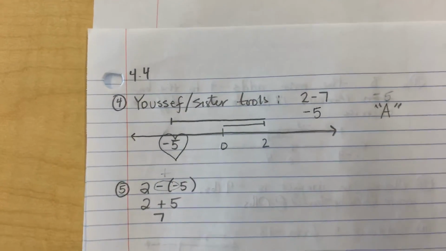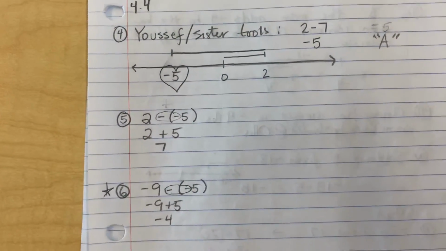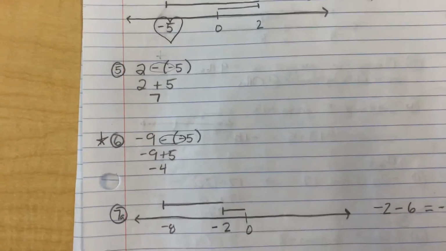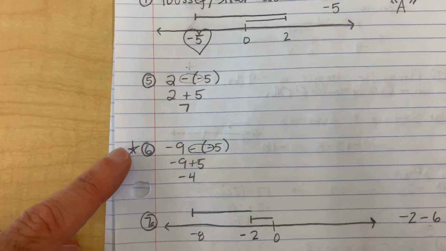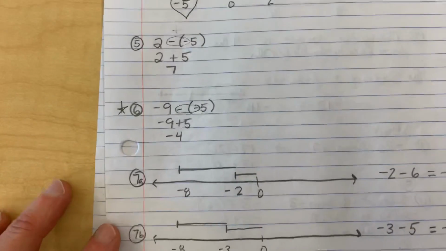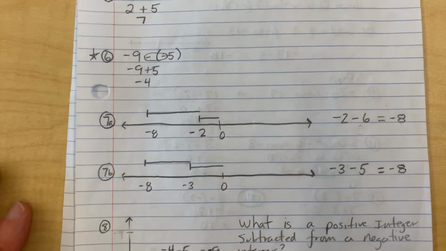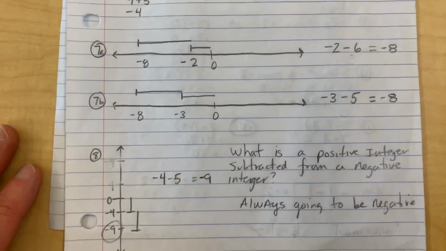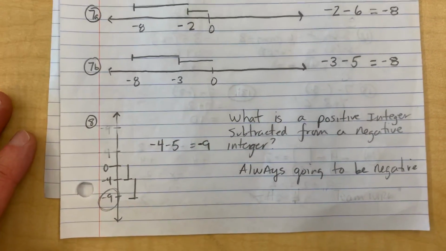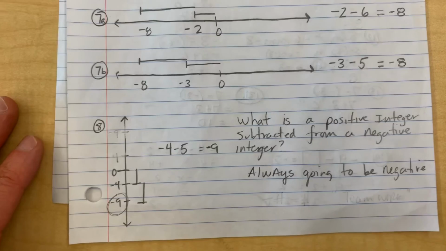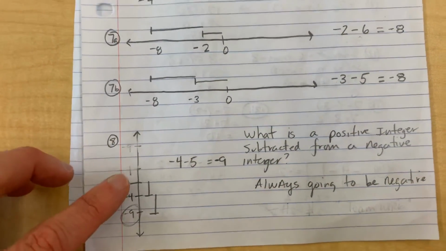Problems 4, 5, 6. Ooh, 6 has a star next to it. I wonder if that was a test question. 7A, 7B, number 8. Notice that that number line is a vertical number line, and 0 is here.